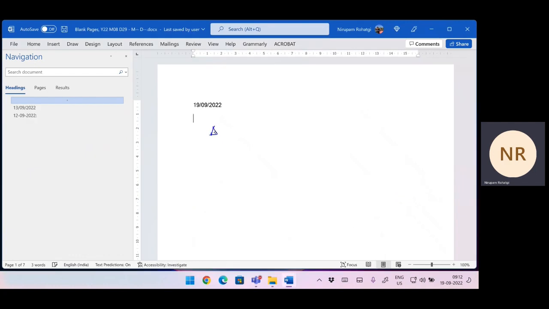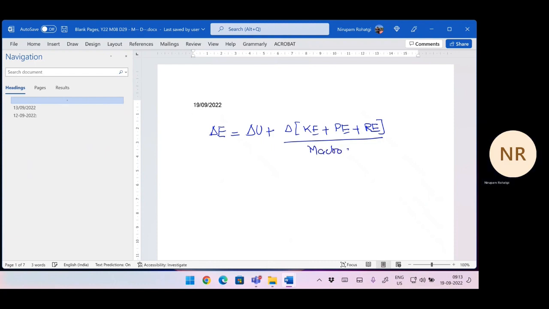So when we talk about delta E is equal to delta U plus delta KE plus PE plus rotational energy, and they are macroscopic. That means they are part of the system as a whole.